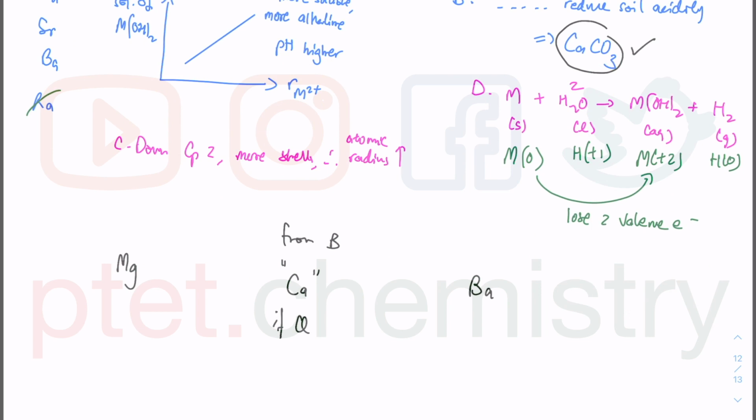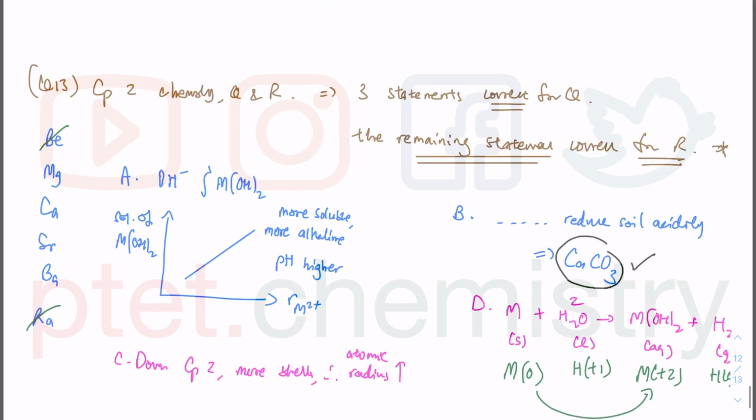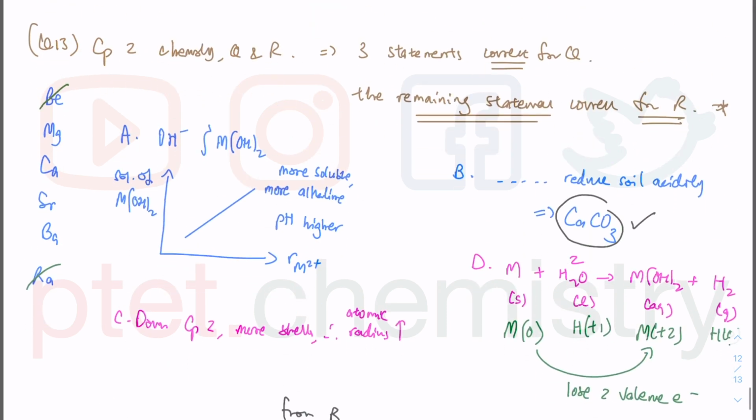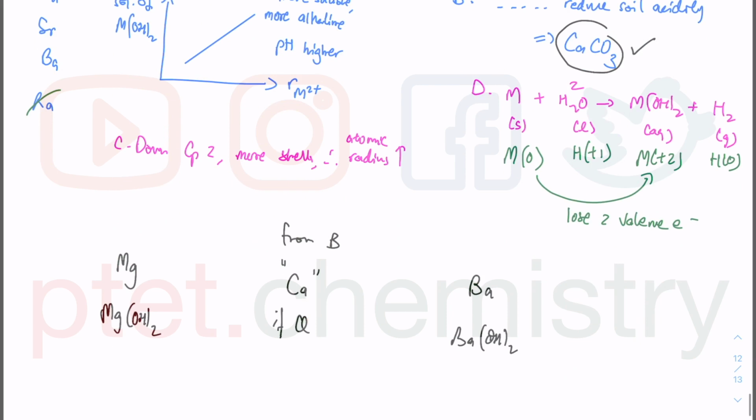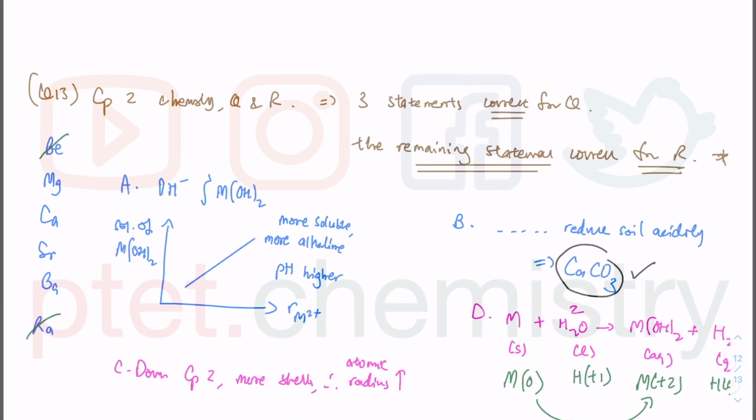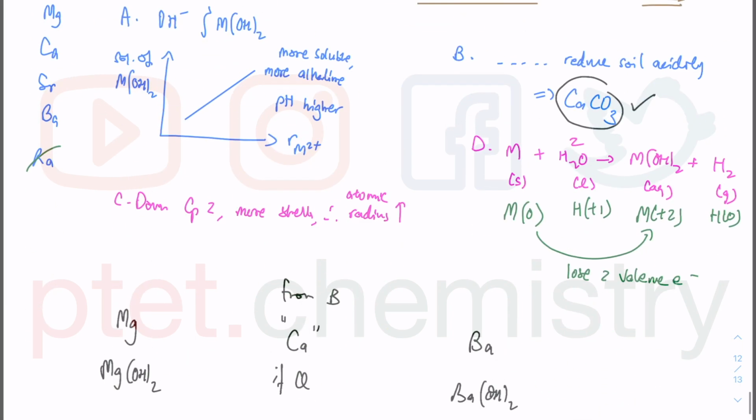Then you have magnesium hydroxide and you have barium hydroxide. So what is the other metal that would have higher pH value? Then it will be calcium and barium, because it says if this is Q, then 3 statements would be correct. So barium will be more alkaline than calcium hydroxide.